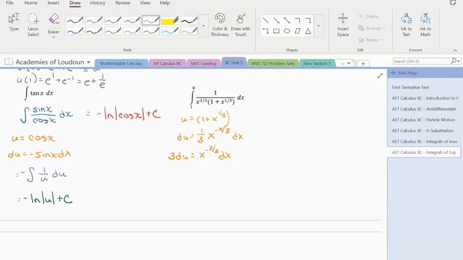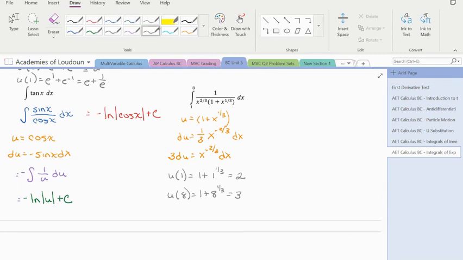We have a definite integral, so let's evaluate the limits. u of 1 is going to be 1 plus 1 to the 1/3, which is simply 2. And u of 8 is going to be 1 plus 8 to the 1/3, which will be 3.